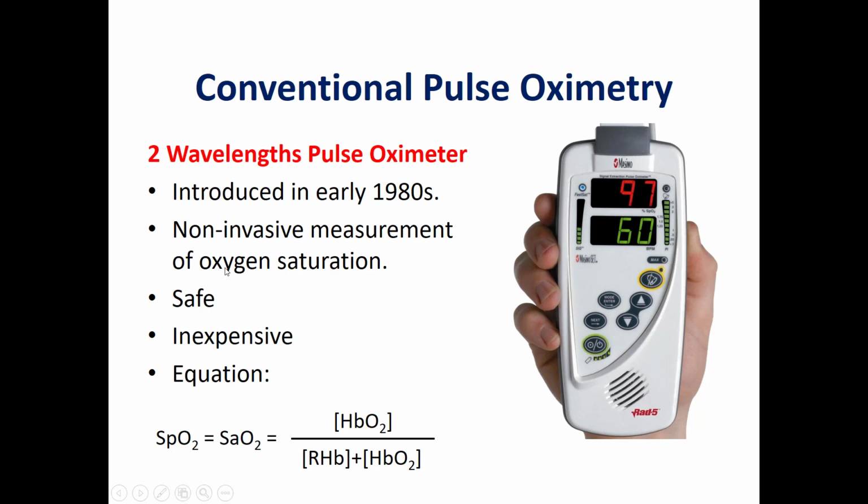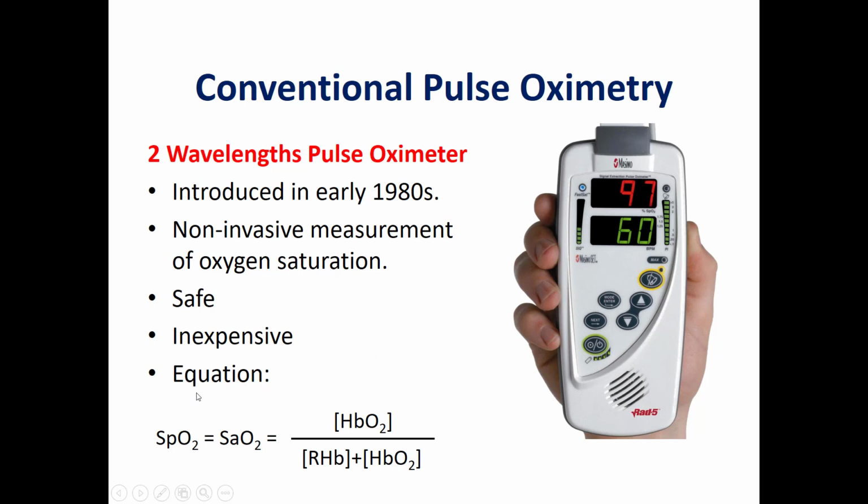It's a non-invasive measurement of the oxygen saturation, where we have a continuous measurement, by comparison to the discrete invasive measurement using either a lab co-oximeter or a blood gas analyzer. It's safe. It's also inexpensive, where the only consumable is the probe. We have two types, as we said before, a reusable and a disposable one.